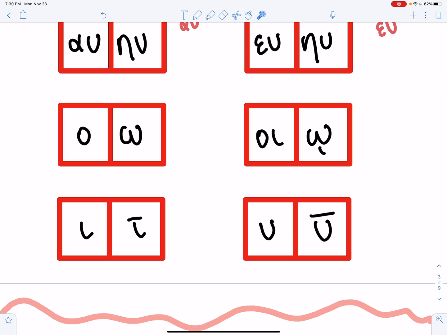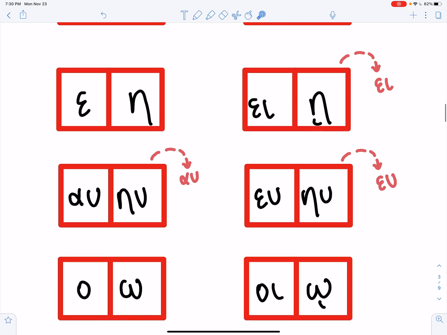Makes sense, right? Once you get the hang of this, it starts to flow a little bit more easily. Then these last two are super easy because you just take your iota and you add a macron, just like you would in Latin to lengthen a vowel. And same thing with upsilon, you just add a macron, and then you're good to go.